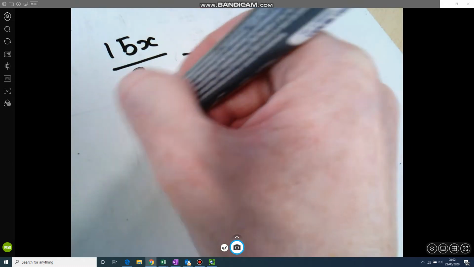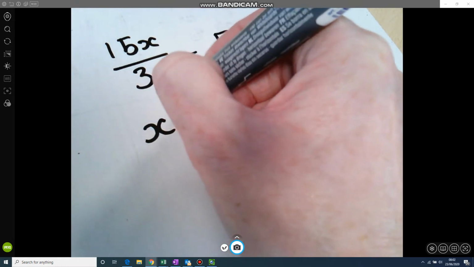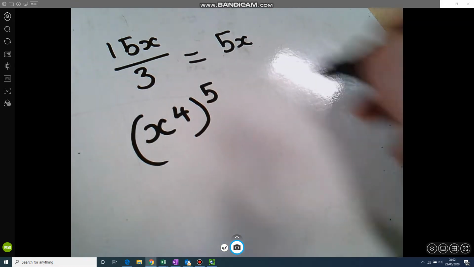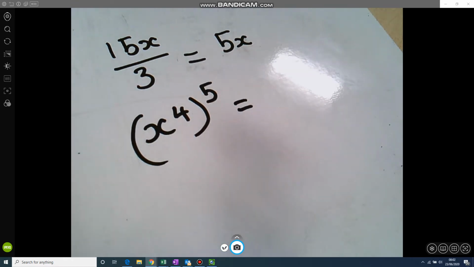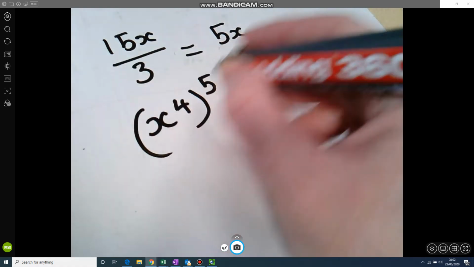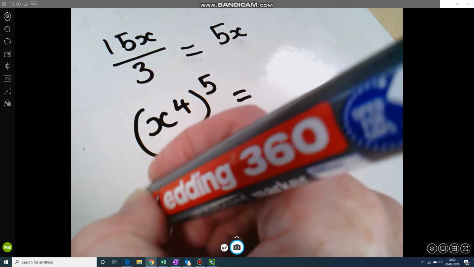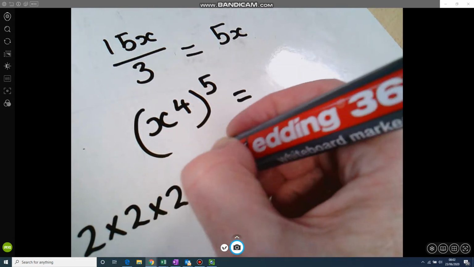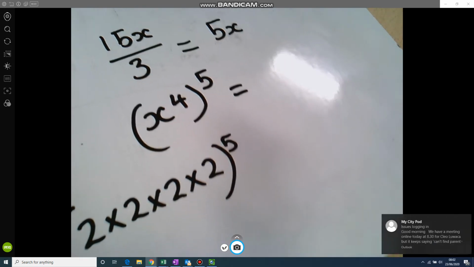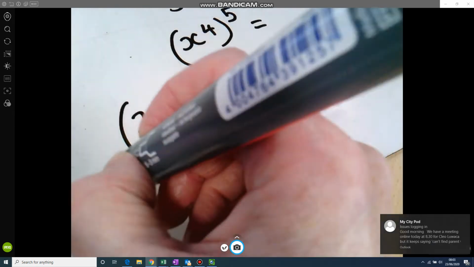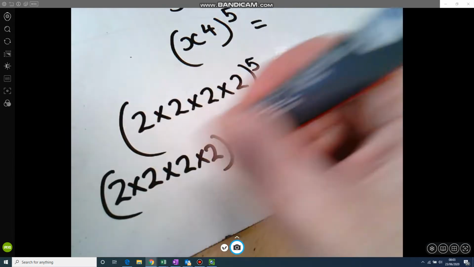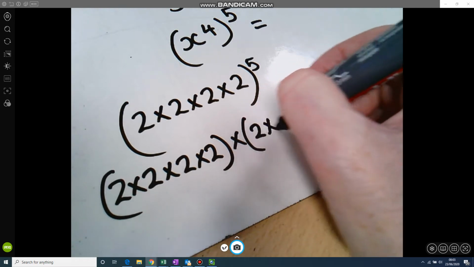Okay, this one's a harder one. X to the power 4 to the power 5. Okay, now when you have indices, there's certain laws. So if we think about it, 2 to the power 4 would be 2 times 2 times 2 times 2. And what we're saying is we need to do that 5 times. So it's actually equal to 2 times 2 times 2 times 2 times 2.